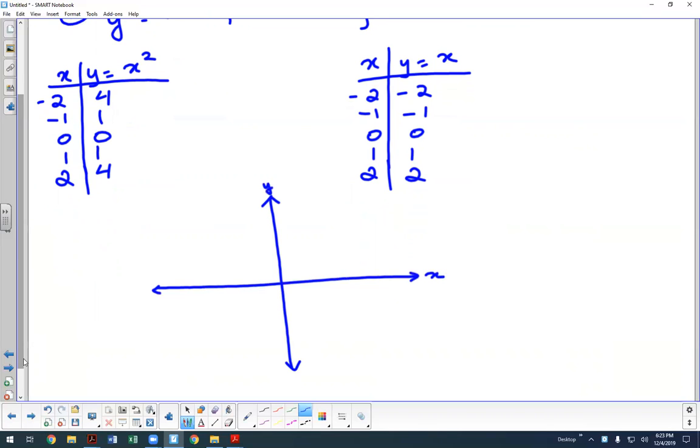Make sure you label each one of your graphs. So we've got 0, 0; 1, 1; 2, 4; -1, 1; -2, 4. So that would be our parabola.